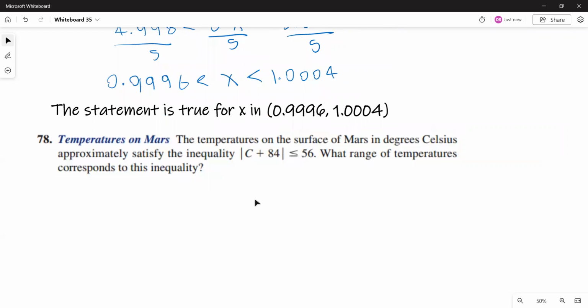The temperatures on the surface of Mars in degrees Celsius approximately satisfy the inequality absolute value of C plus 84 less than or equal to 56. What range of temperatures corresponds to this inequality? So we already have the absolute value inequality set up. That inequality involves less than or equal to, so we can solve it like a three-part inequality.